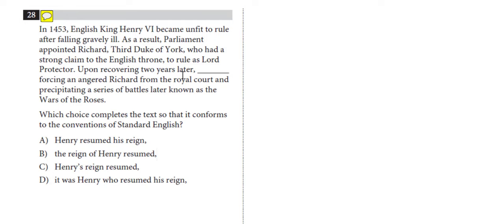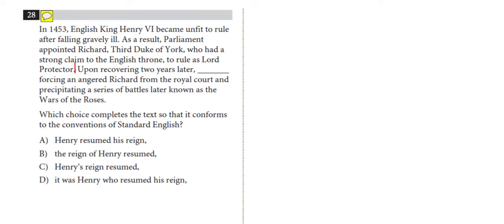Upon recovering 2 years later, blank, forcing an injured Richard from the royal court and precipitating a series of battles later known as the Wars of the Roses. And by the way, those wars are very well known in history. So I'm gonna start from here.